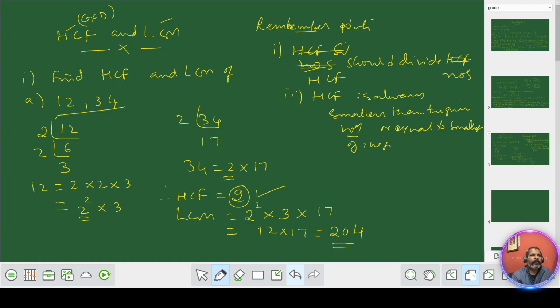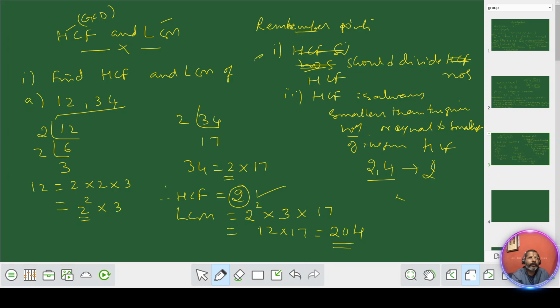We'll see this. For example, if you find HCF of 2 and 4, we get HCF is 2. In this case, HCF is equal to the smallest of the given numbers, right?